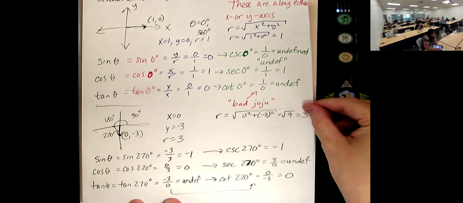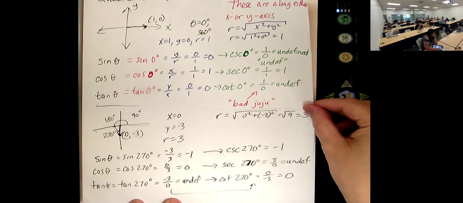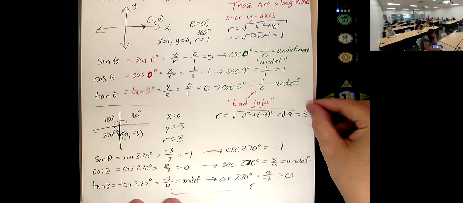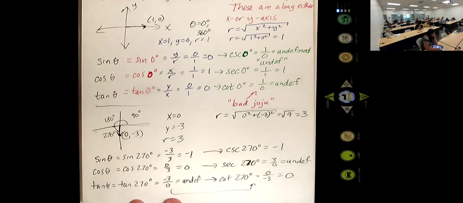Any questions? Yeah. And so this system can't actually be used to discern what the angle is. If I didn't have 270, I couldn't use this to find out what 270 is. If you knew sine was -1, you could.